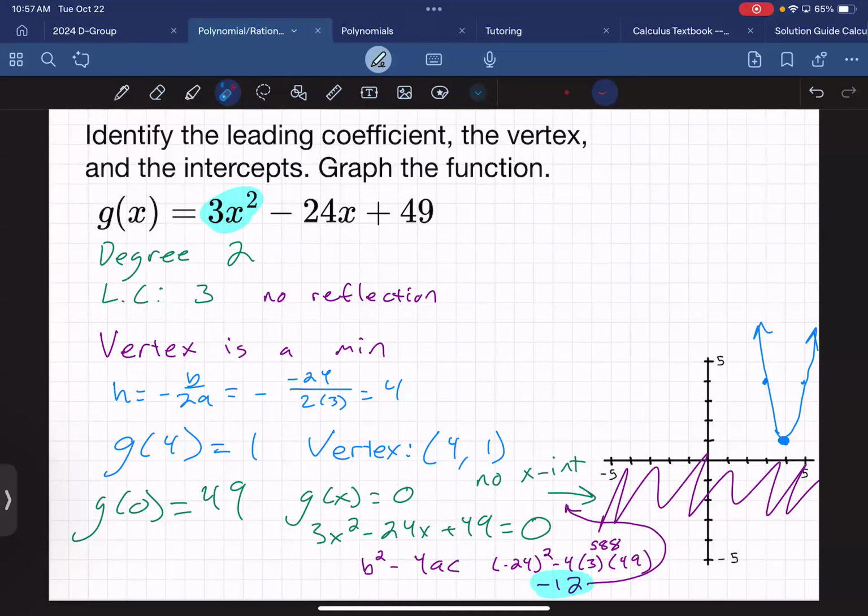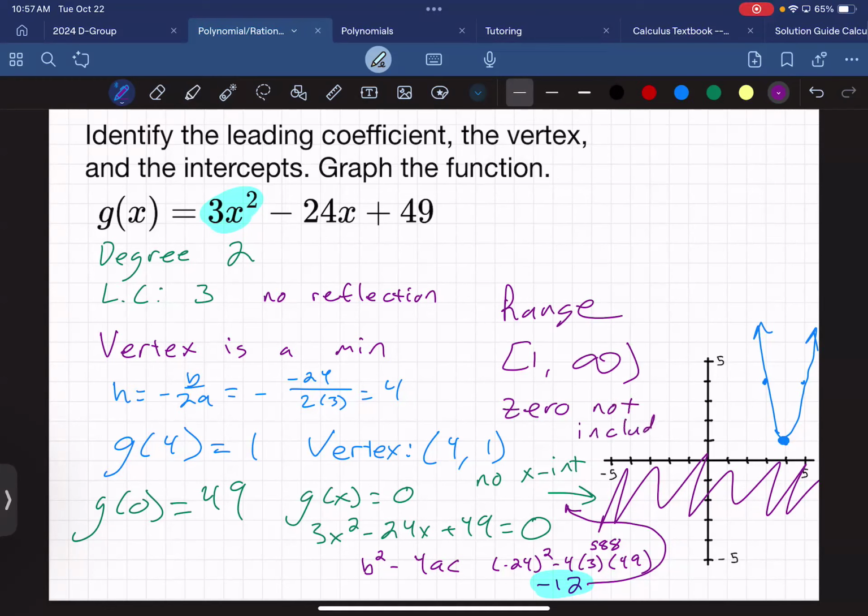Does everyone see that? You could simply say that my range here is 1 to infinity, and 0 is not included in this range. That's a great way to go then state no x-intercept.